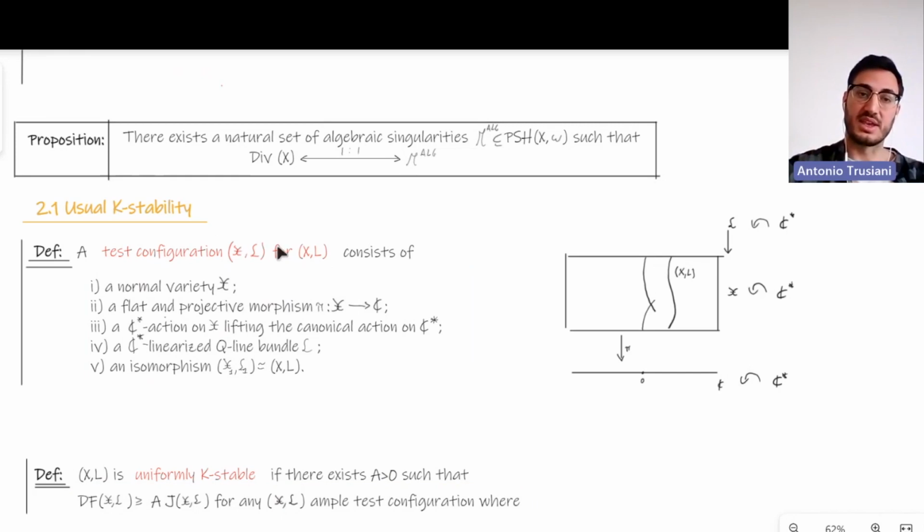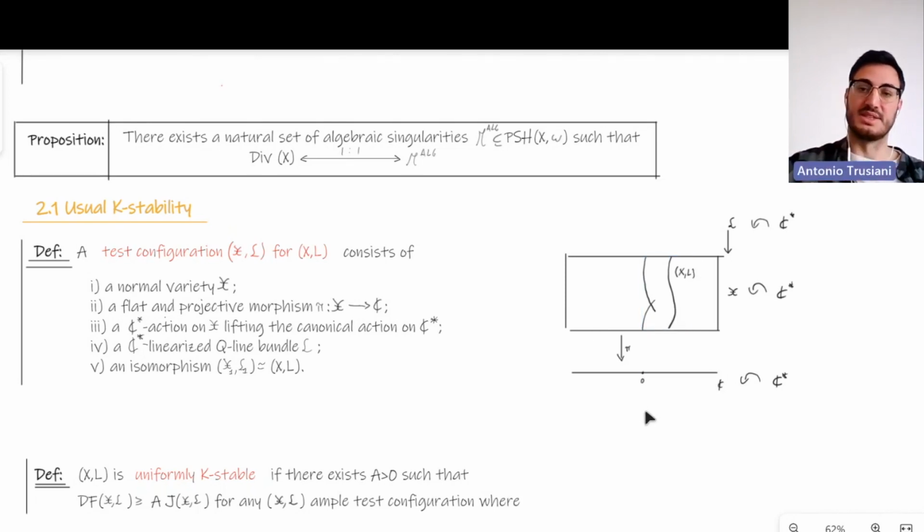A test configuration consists of a normal variety curly X, a flat and projective morphism to C, a C star action on the base that is the canonical C star action and that lifts to an action on curly X. And moreover, we need a C star linearized relatively ample line bundle over curly X. And we need that the general fiber is isomorphic to our polarized variety, and there is some degeneration when you go to 0.